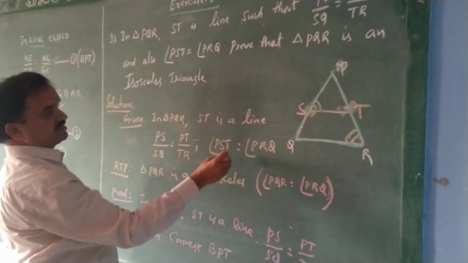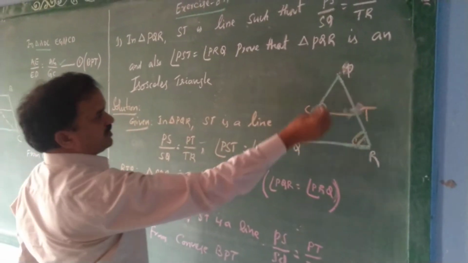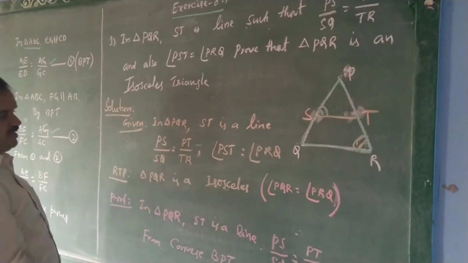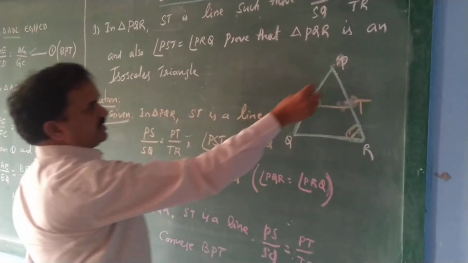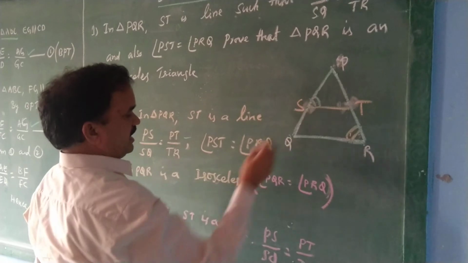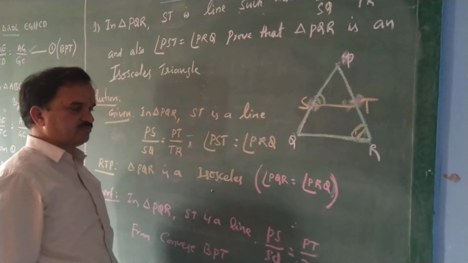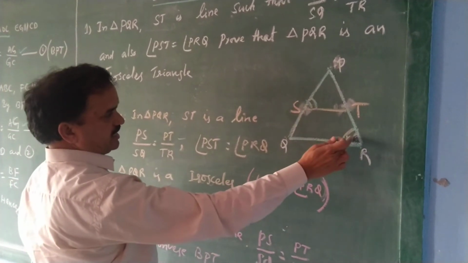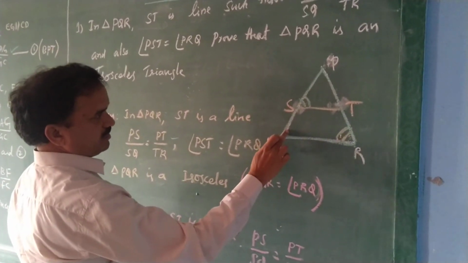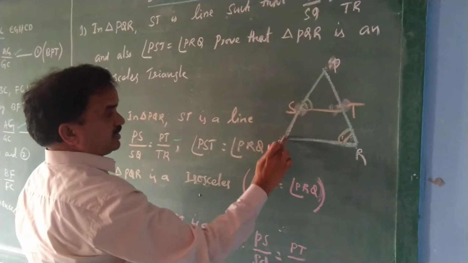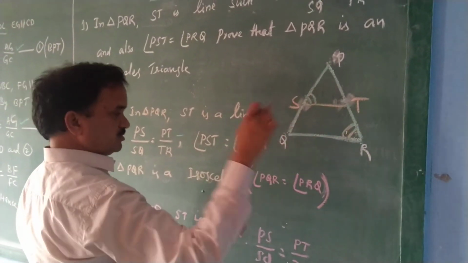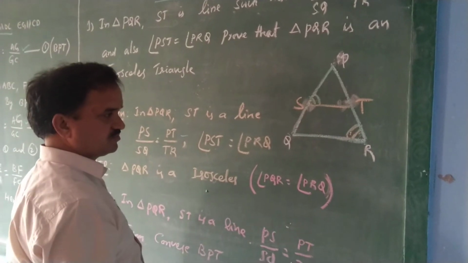Angle PST is equal to angle PRQ. Isosceles means two angles are equal, so you have to show that angle PQR is equal to angle PRQ. Then it is proved.